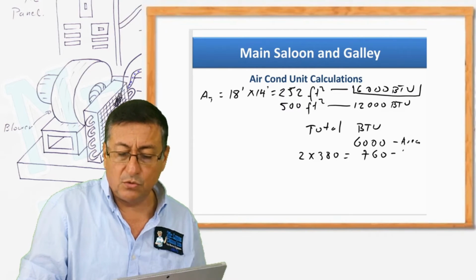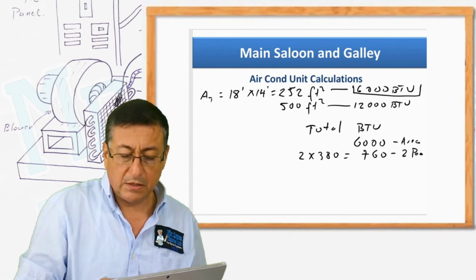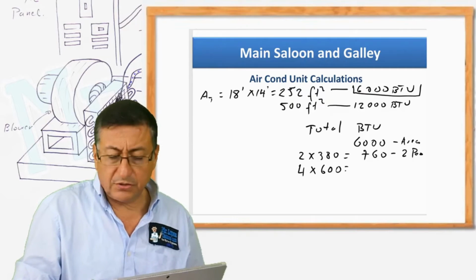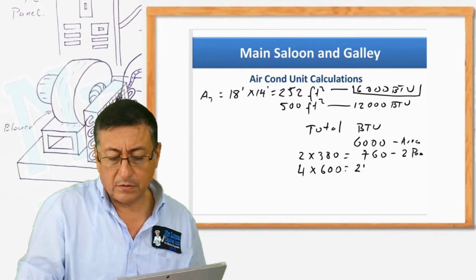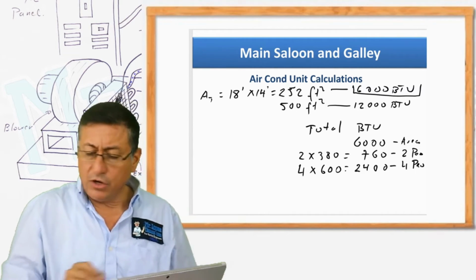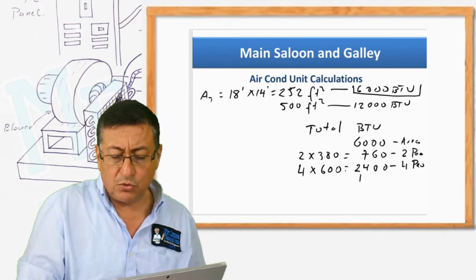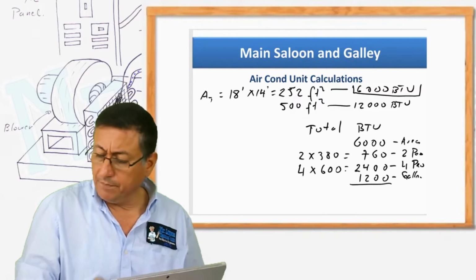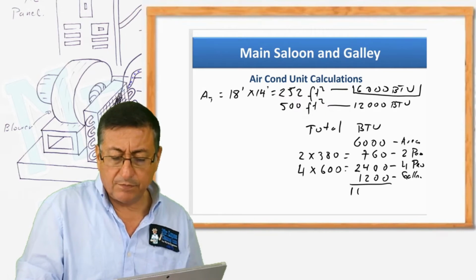And you have 4 additional people at 600, which is 2,400 BTUs for the 4 additional persons. And we are going to add 1,200 BTUs because of the kitchen, the galley. Okay, in total I have 10,360.